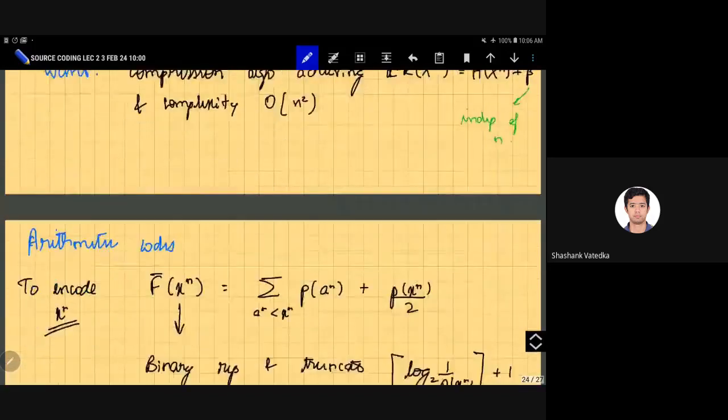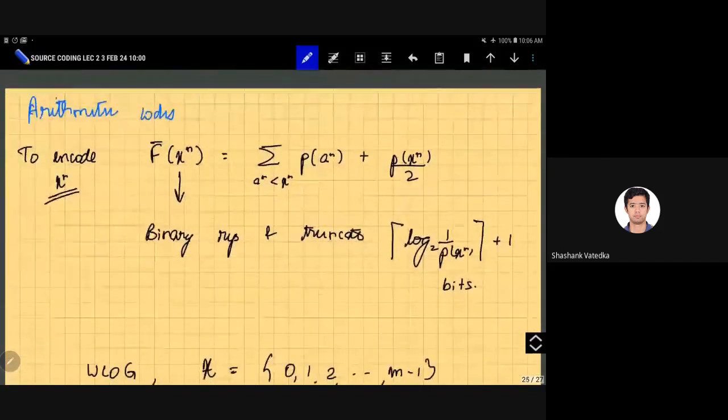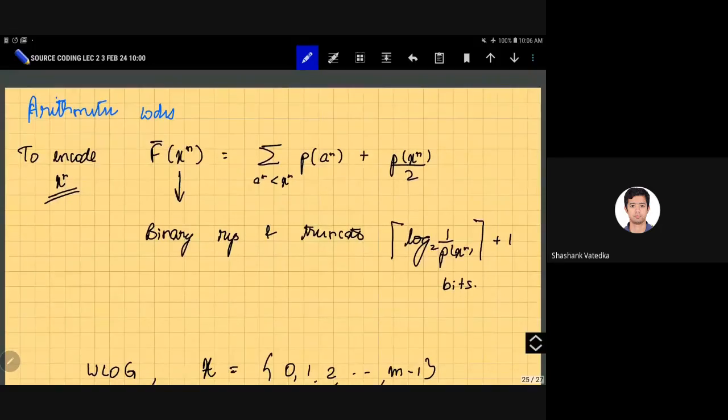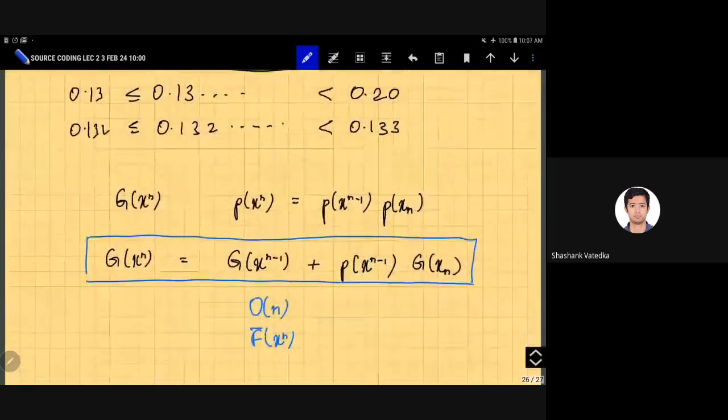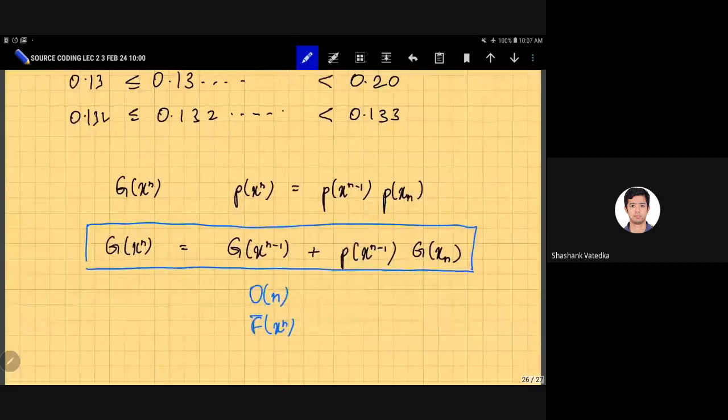This is basically an extension of Shannon-Fano-Elias codes. It is essentially Shannon-Fano-Elias codes, but we have a nice recursive formula to compute F bar of x and P of x. The way we compute F bar of x is that we use this G of x^n.